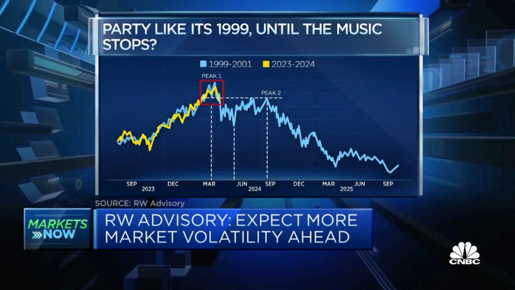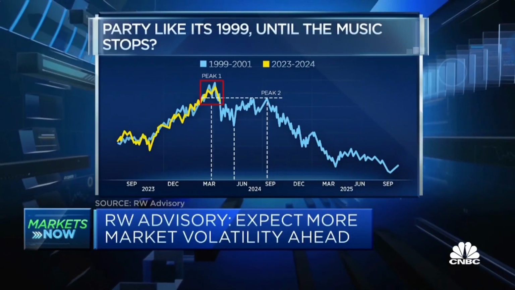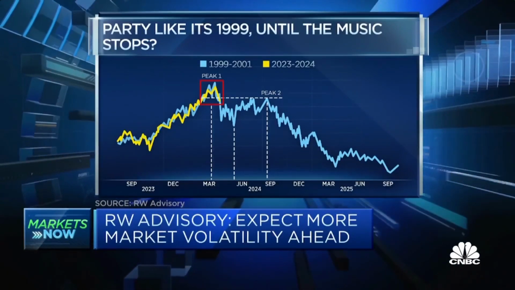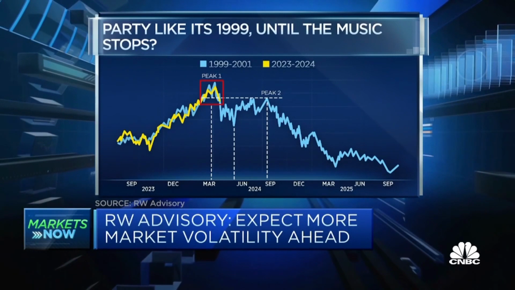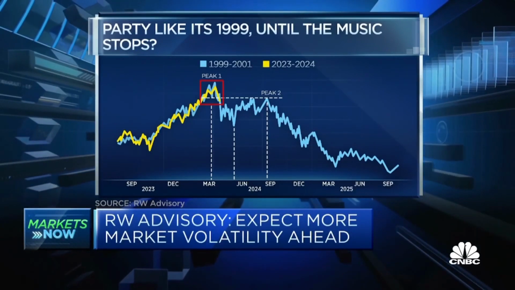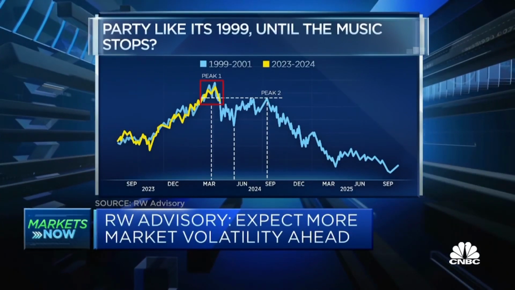Not that it's a one-for-one comparison from a macro or even sector perspective, because this time could be different with the AI paradigm and other nuances, but specifically in terms of the corrective three-stage move that typically happens when markets are irrational and overrun for too long.